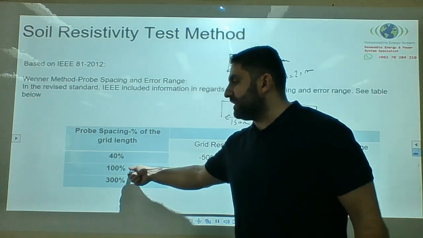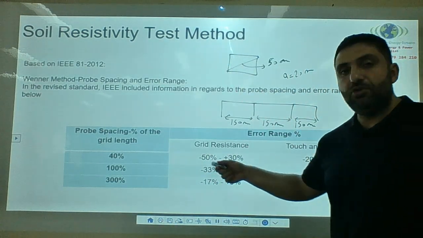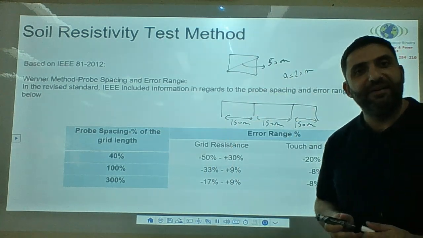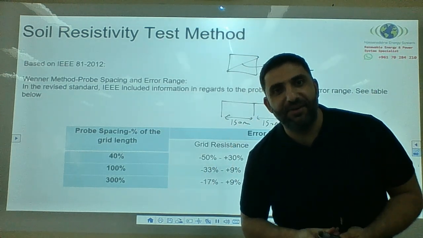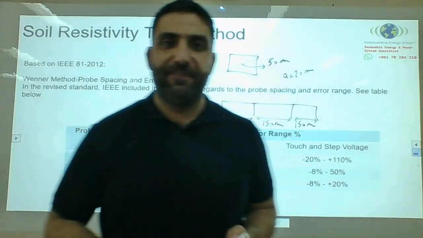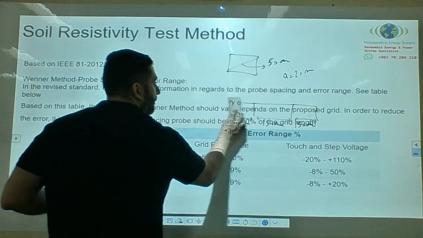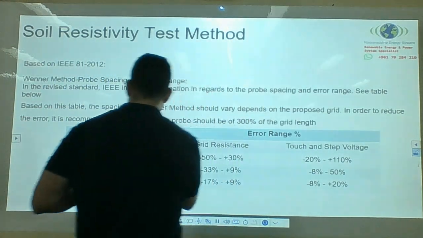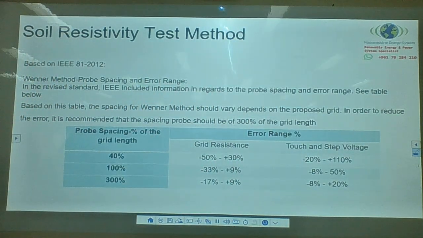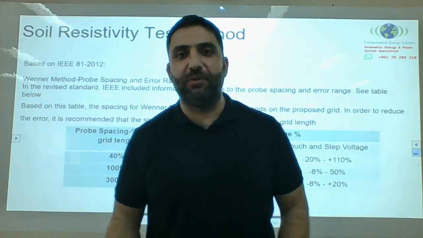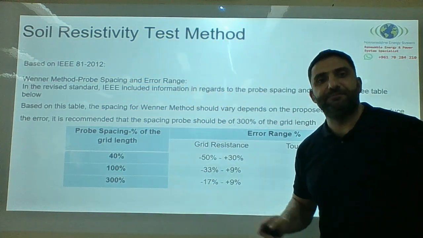Even if you did 100%, you should still ask them to do 300%, at least three times more, to make sure there is no error. So I strongly recommend, in an open area where it is possible, ask them to do 300%.